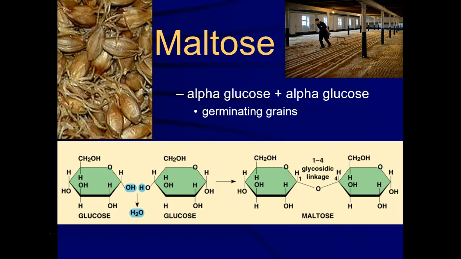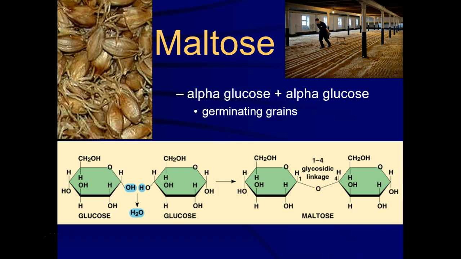Now, you'll notice that we have a special name for the covalent bond that joins these two monosaccharides together. And we'll find that every group of organic compounds, the lipids, the proteins, the nucleic acids, and the carbs, all have a specific, unique name for the covalent bonds that join monomers together to make a polymer.